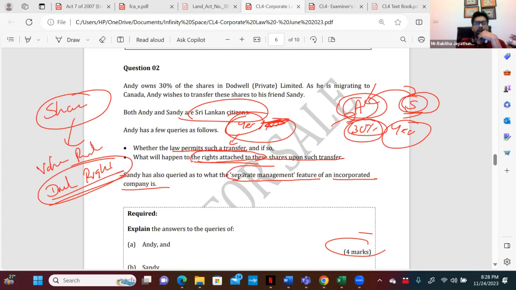What do you mean by separate management feature? A lot of people have misunderstood this concept. That is why I'm asking this question from you. If someone can tell me, then you will see whether you make mistakes or not. What does separate management mean?